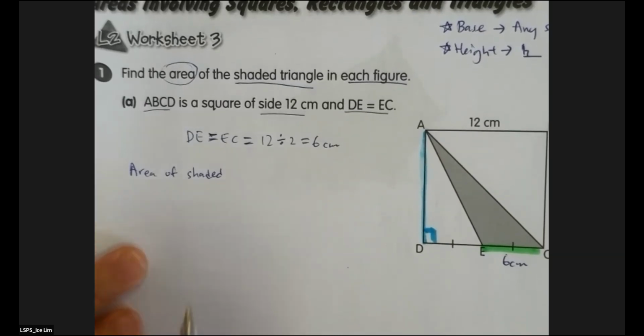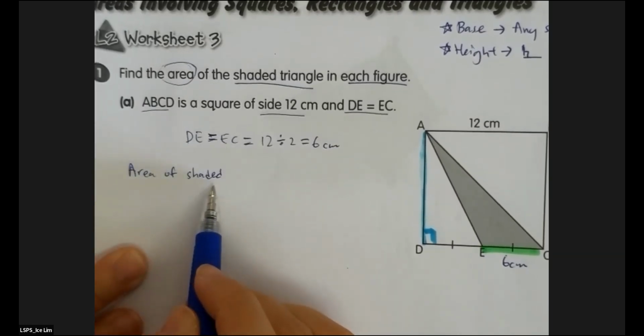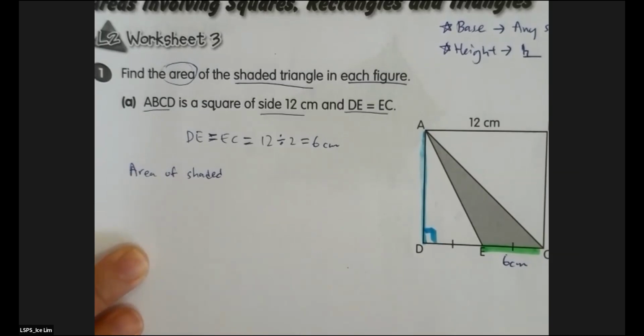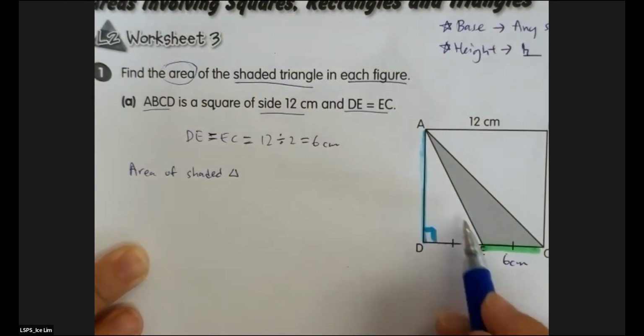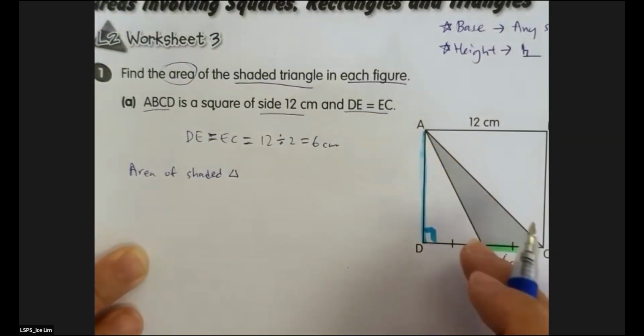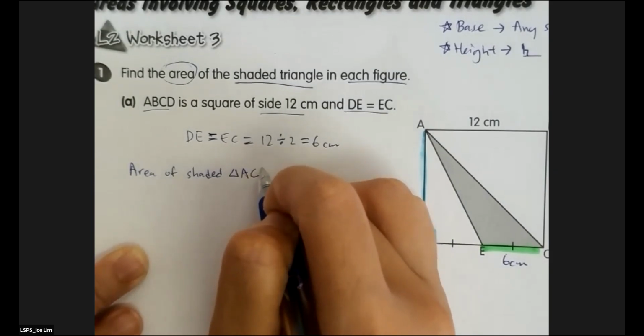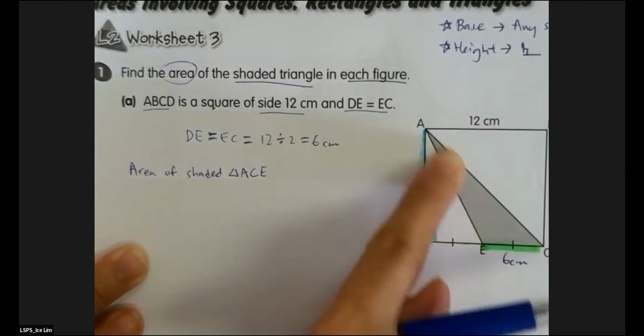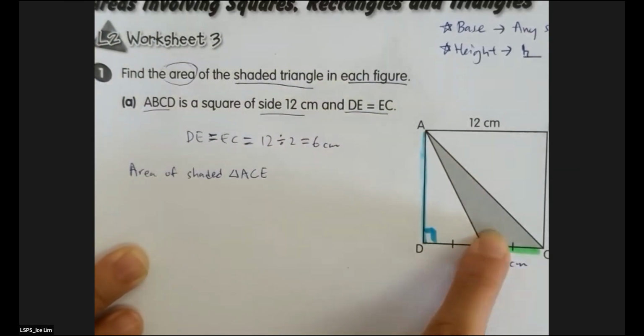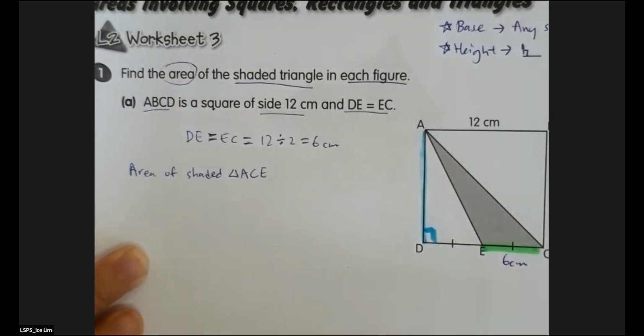The reason why I use the words, you'll notice in the next few questions. Area of shaded triangle AEC or ACE. Both are okay. ACE is going clockwise and AEC is going anti-clockwise. That's the naming.